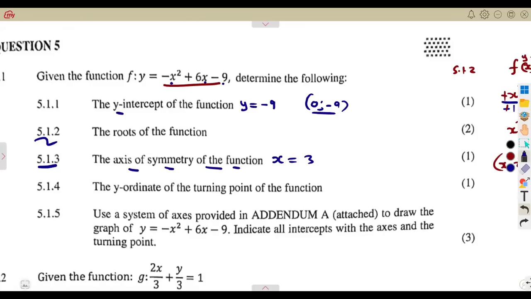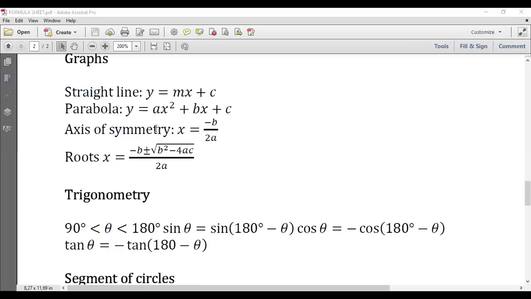Remember, for the axis of symmetry, you have these formulas from our formula sheet here. We do understand that the axis of symmetry can be taken from minus b over 2a if we are having a parabola of this format. The axis of symmetry is taken at minus b over 2a. For the roots, you can also use the quadratic formula instead of the factorization method; it's one and the same thing.